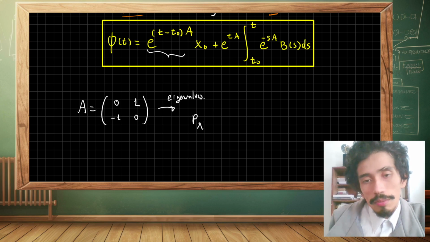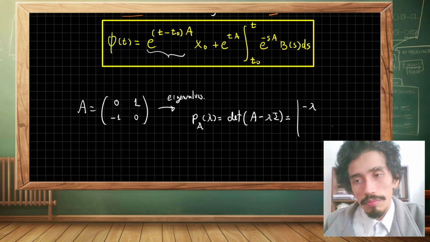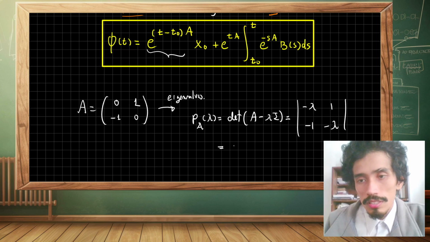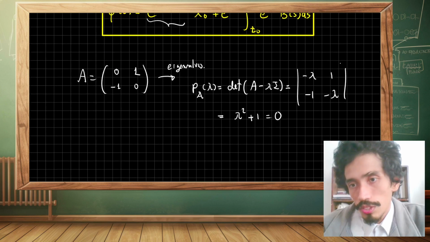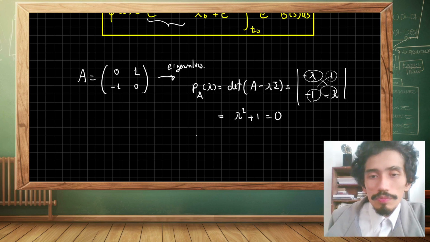So the characteristic polynomial of the matrix A is given in terms of this determinant, which is equal to, a quick calculation gives us, so we multiply this by this and we subtract this multiplication, which is this.